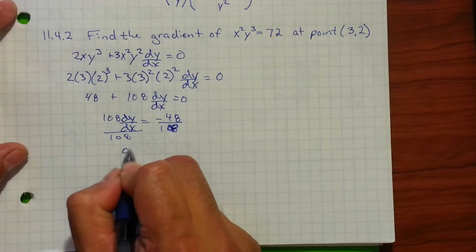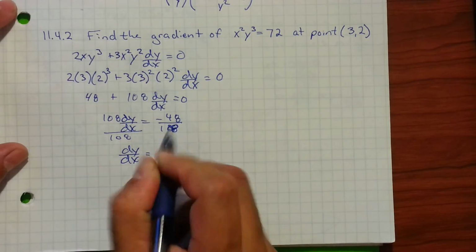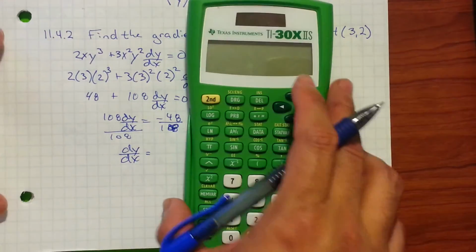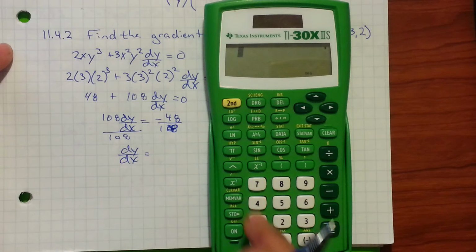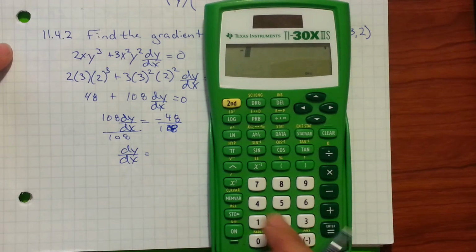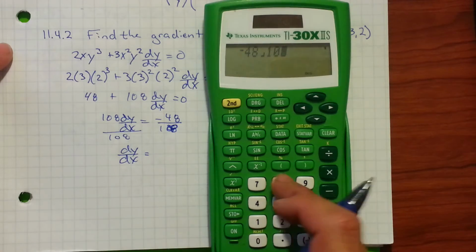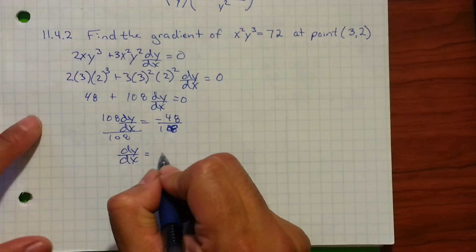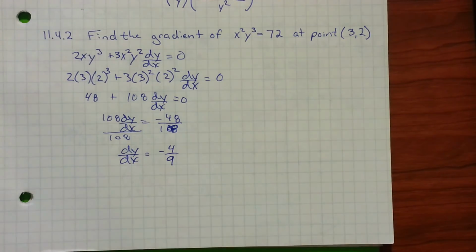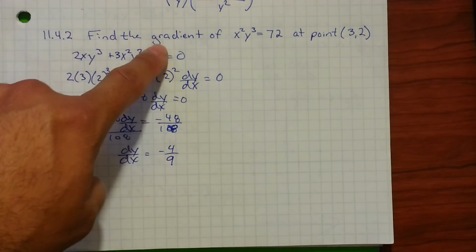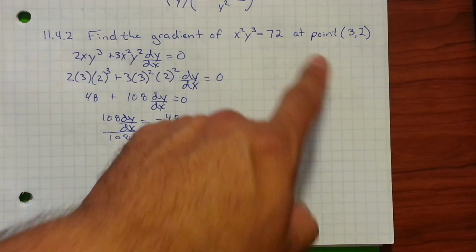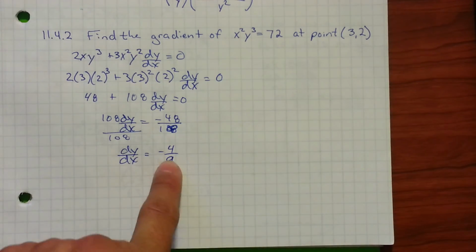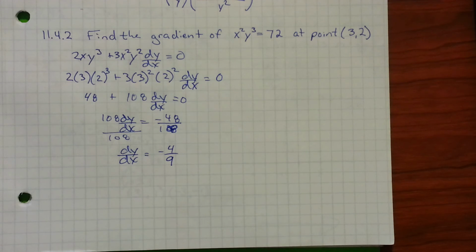So I should end up with dy/dx is equal to, let me see, 48 over 108, don't forget that negative, negative 4 over 9. So my slope, so the gradient of this one right here, the slope of my tangent at this point, I come up with my slope is negative 4 over 9.